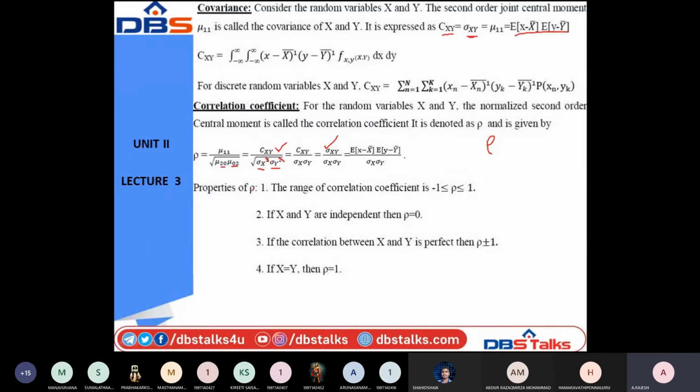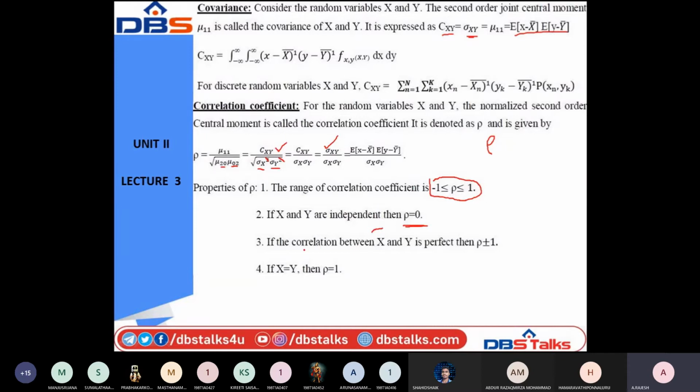So see the properties of our rho. The range of the correlation coefficient must always lie in between -1 and +1. So it has to be within these two values only, -1 and +1. And if x and y are independent, then this rho value will be equal to 0.